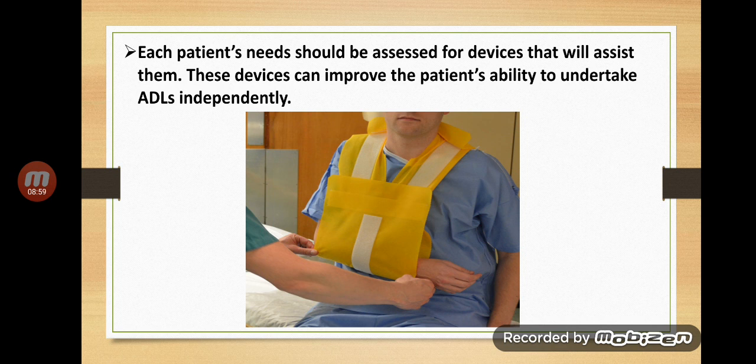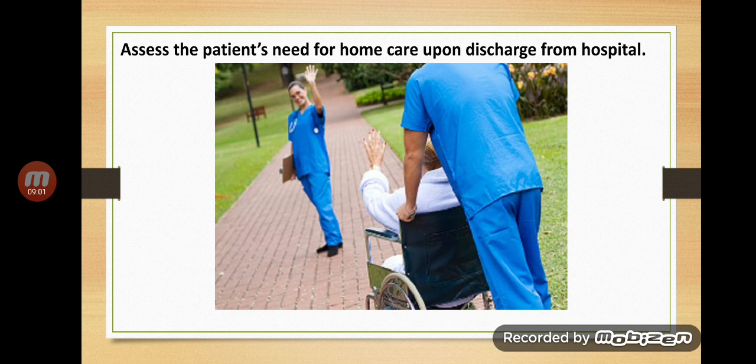Okay, and then assess the patient's needs for home care upon discharge from hospital. At the time of discharge also, we have to assess the patient's needs. At the time of admission, the patient may need more care, right? Because at that time the patient must be having so much problem. But at the time of discharge, the patient might have improved in condition.